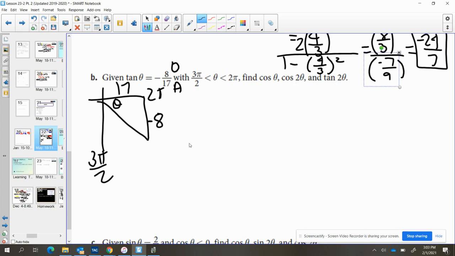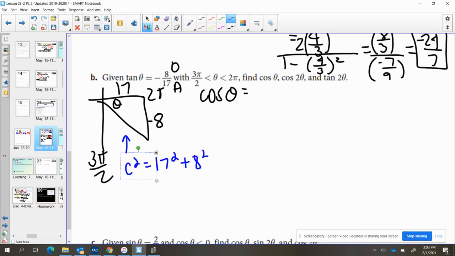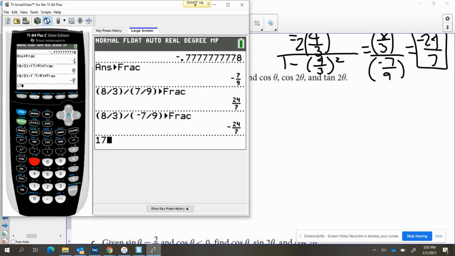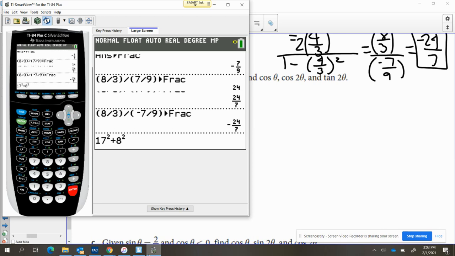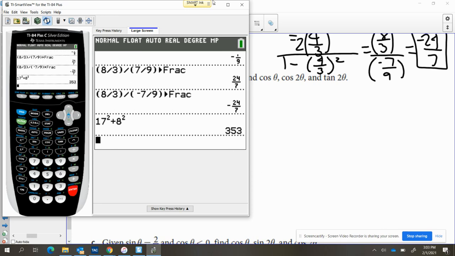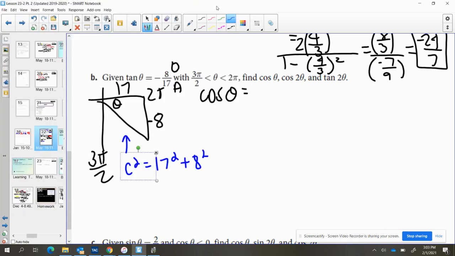Well, cosine of theta is going to be our adjacent over our hypotenuse. So this time our hypotenuse is going to be the square root of 17 squared plus 8 squared, which is a pretty large number. 17 squared plus 8 squared is 353, which is not a perfect square and actually has no perfect squares that go into it.